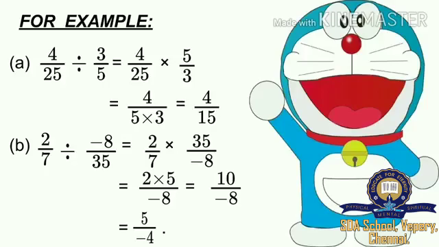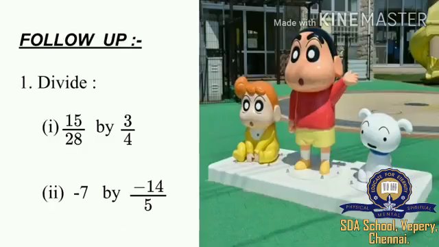Here you can cancel 7 and 35. 7 ones are 7 and 7 5s are 35, right? So we are cancelling this. 2 into 5 divided by 1 into minus 8. 5 2s are 10, divided by minus 8. If we cancel this in the 2 table, 2 4s are 8 and 2 5s are 10. So the value is 5 divided by minus 4.